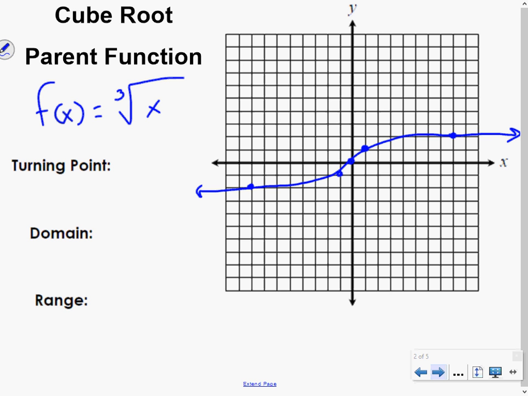So we've got arrows on both sides. Now the turning point, it's not so much a turning point as it is just the point in the middle of that wave, is going to be located at 0, 0 here. We have a domain of all real numbers, and we have a range of all real numbers because our arrows are going to the left and right, up and down forever.